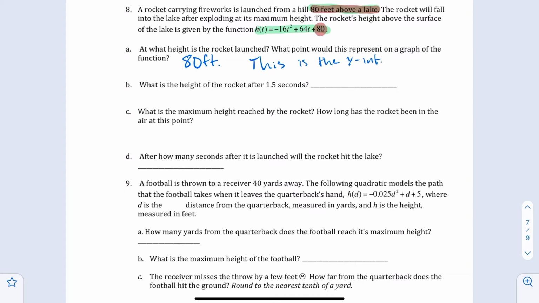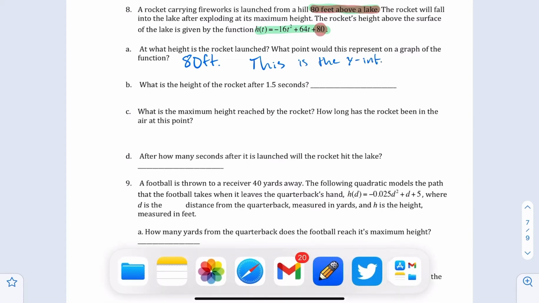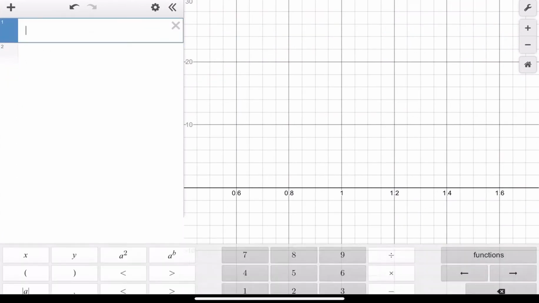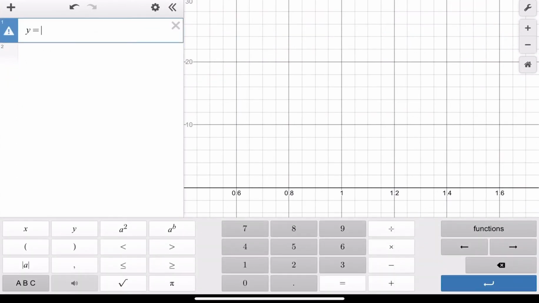If it wants to know the height of the rocket after 1.5 seconds, I say we stop messing around and plug this into Desmos and use the table. So I'm going to go ahead and clear out my equations, and I've got my output is equal to negative 16 times my input squared plus 64 times my input plus 80.